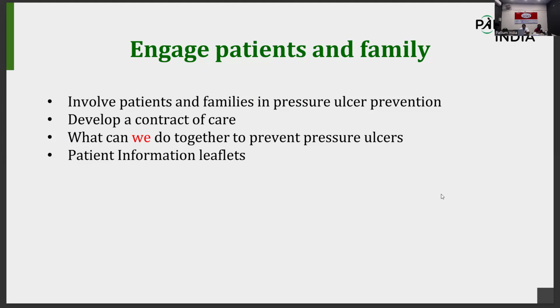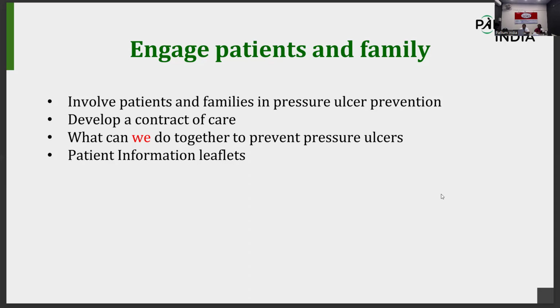Once we get a bedridden patient, we have to tell the family as well as the patient how to take care of the patient and prevent pressure ulcers. Sometimes there is no pressure ulcer at first, but after so many months there is a chance of getting one.